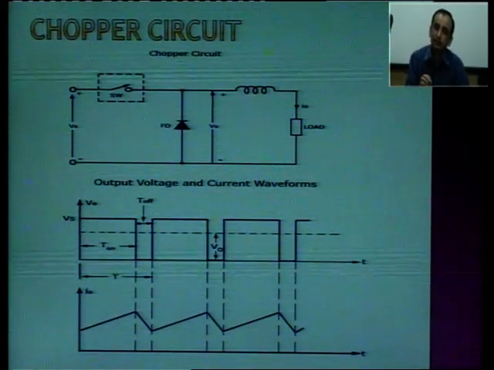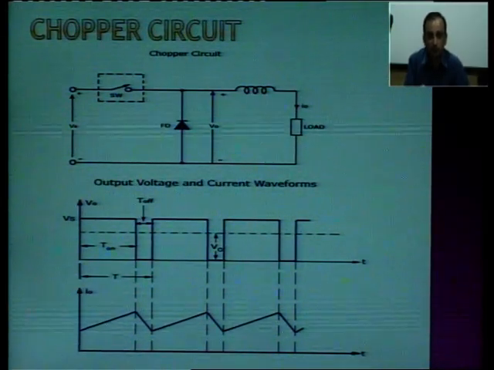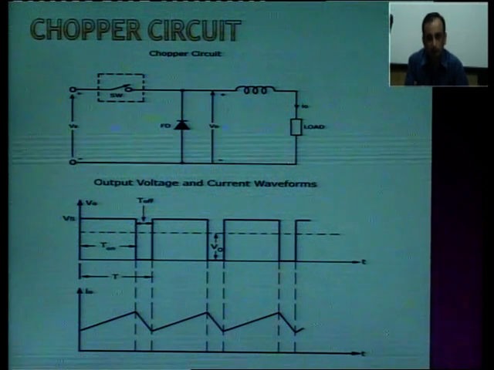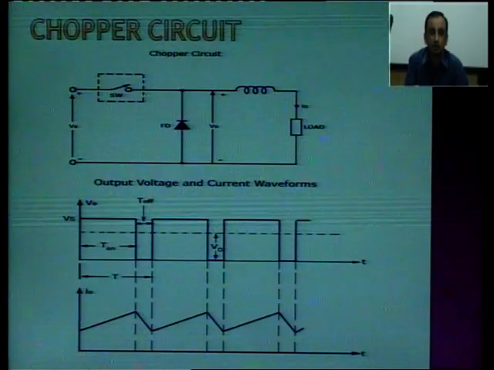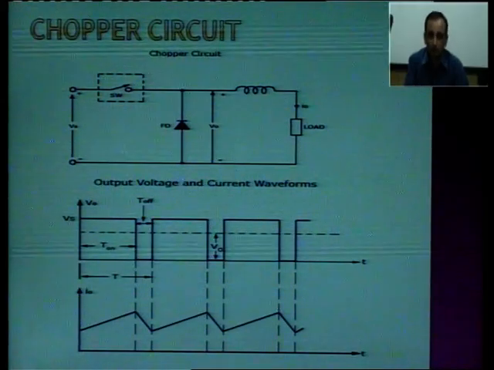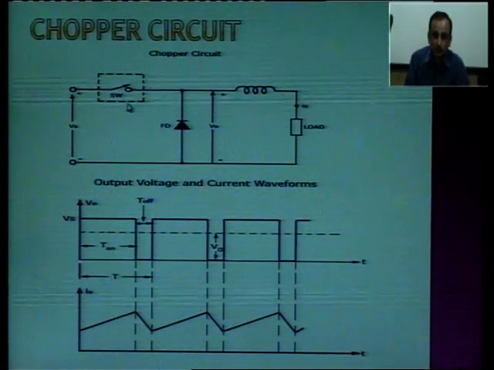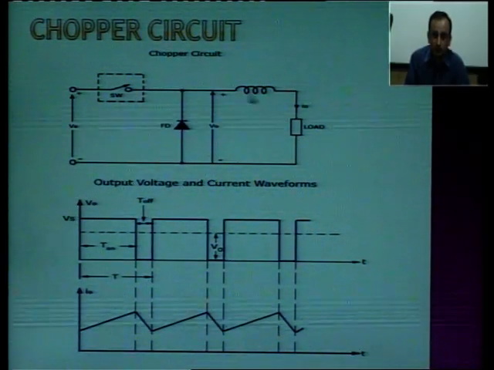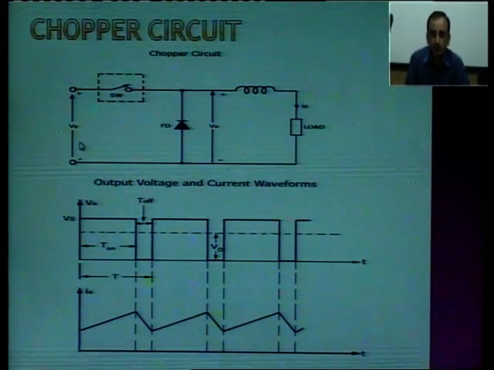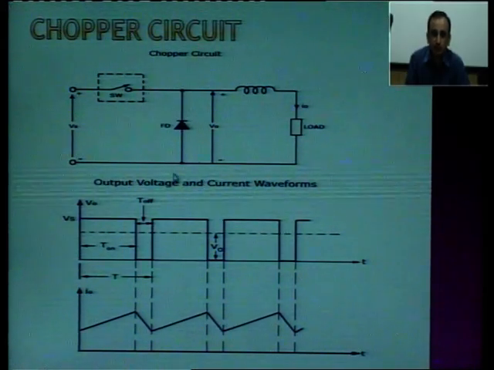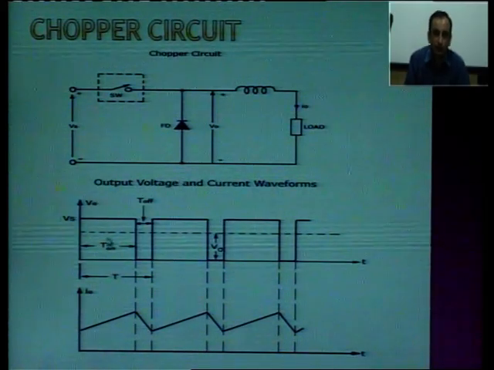It means it has the option to apply a pulse to turn it on, and to commutate it by force commutation, so that whenever we require, we can turn it on, and when we want to close it, we can turn it off. And with this switch, we have an inductor and a load connected. This is the typical diagram of a chopper circuit, and we have this freewheeling diode connected in parallel to the load. Now, how does it work?